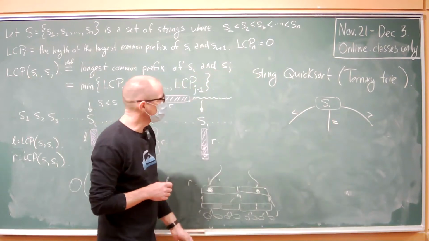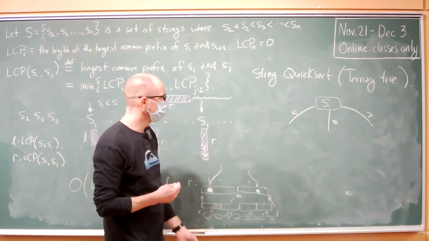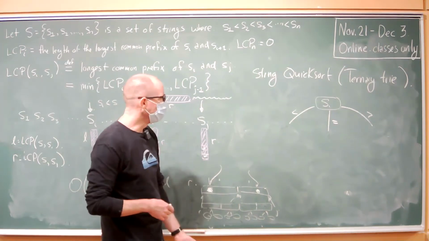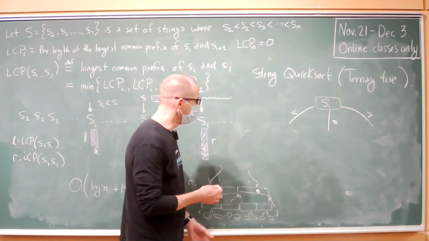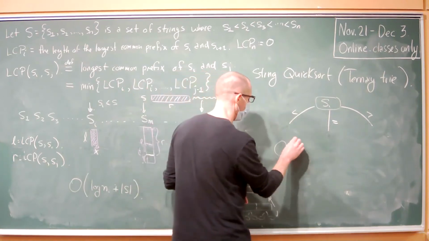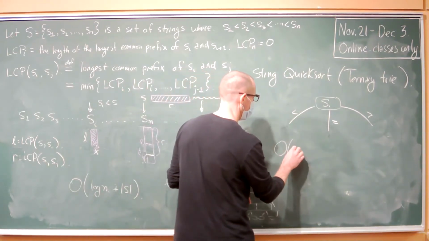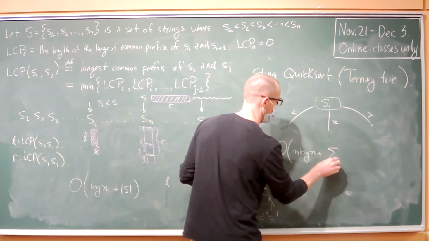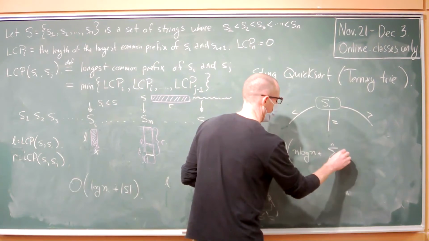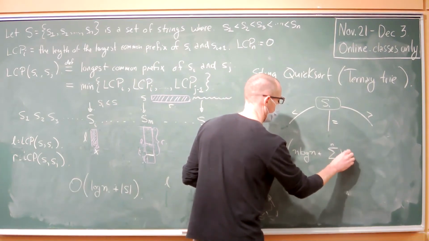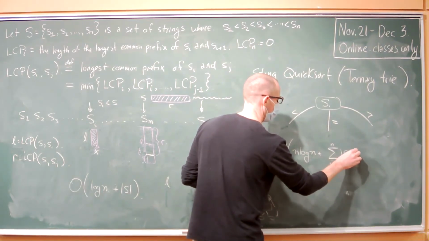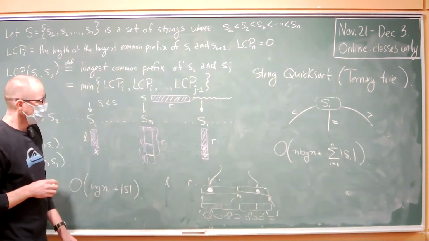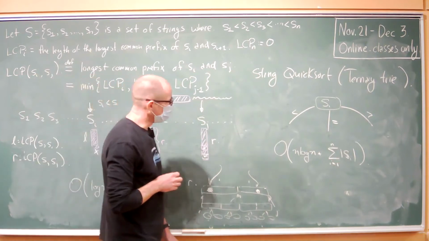And if you do the same analysis that you do for quicksort, you'll find out that the running time is O of n log n plus the sum of the lengths of the strings, which is about the best you can do for comparisons.